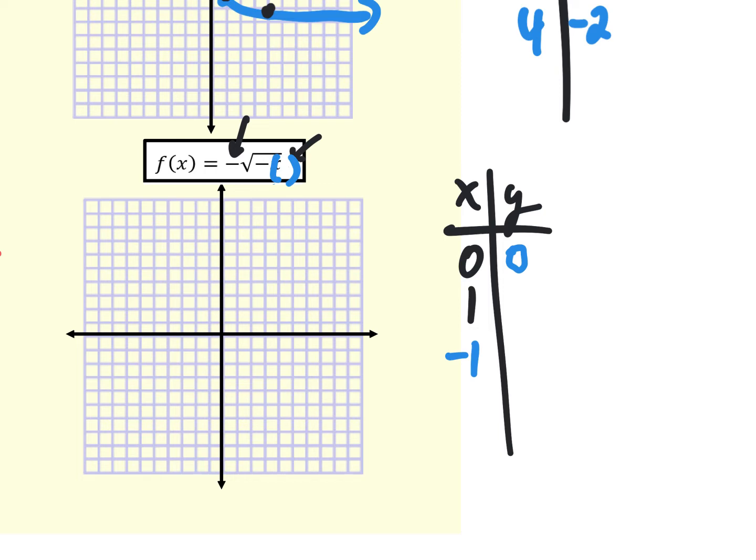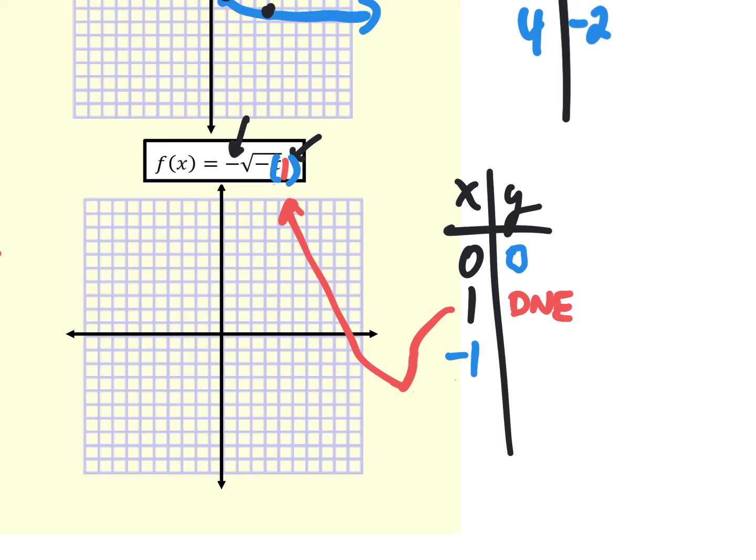Then when you put a regular 1 in there, you would have the square root of negative 1, and that doesn't exist. You can't do the square root of a negative. So DNE, do you remember me saying that, does not exist? Another way to say it is no solution.